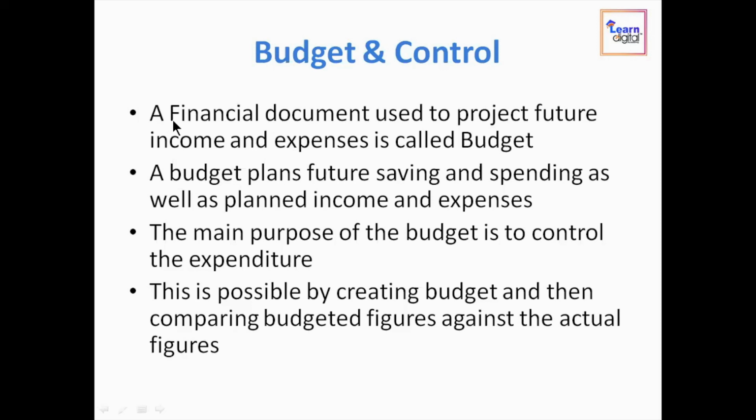So, what is budget? A budget is a financial document used to project future income and expenses. So, whatever the future plans are related to the expenses or expected income, that plan or the document used to project that future income and expenses is known as a budget.